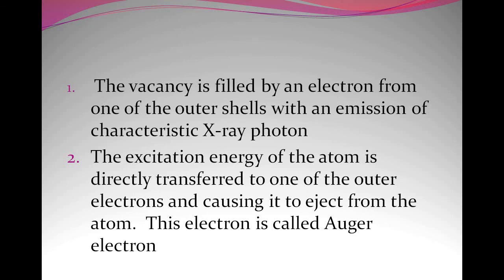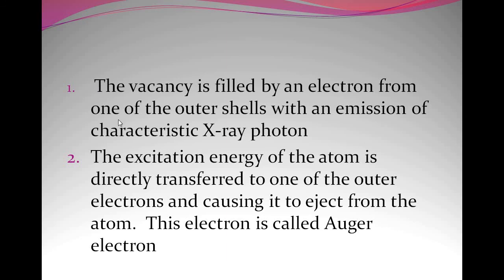That is, the vacancy is filled by an electron from one of the outer shells with an emission of a characteristic X-ray photon. That difference in energy is emitted, and if it is a heavier atom, that energy will be very large, and the larger energy will be in the X-ray region. So it is emitted as an X-ray photon. This is one method.